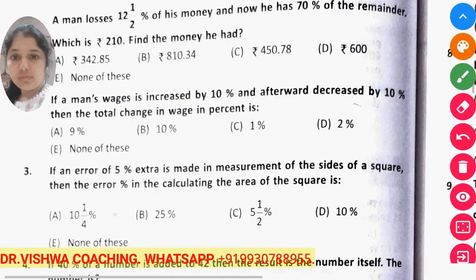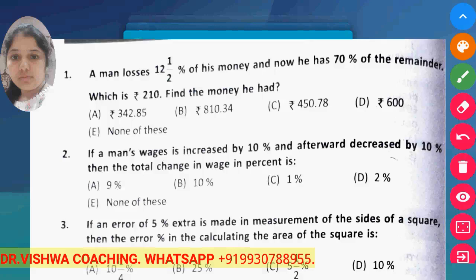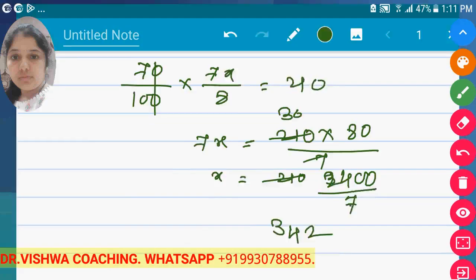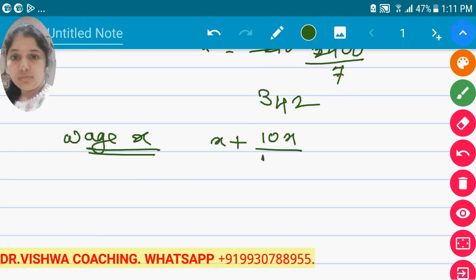But you can solve this in the form of assuming the variable and all the things. I will explain how we assume the variable and then we solve it. Now see, wage is x. Now if it is increased by 10%, it becomes x plus 10x upon 100. Okay.